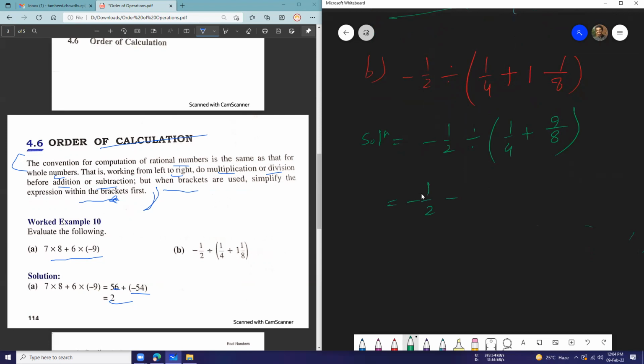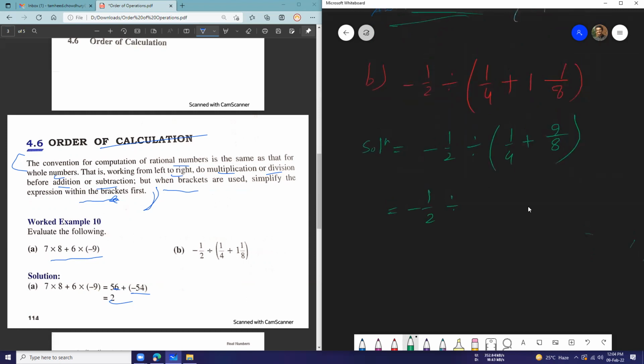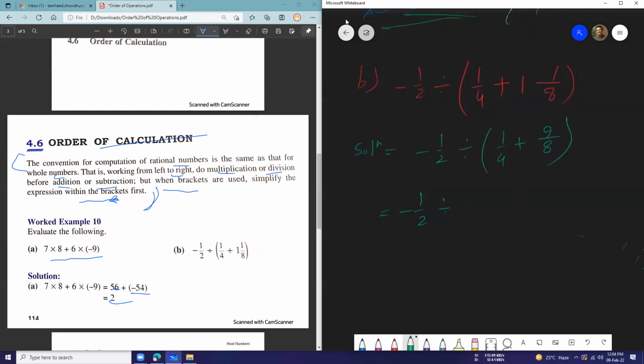Sir, I said first we should solve the bracket. Yes, these are the brackets. So the mathematics inside it, we're going to solve it.